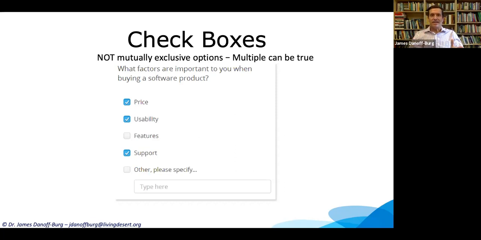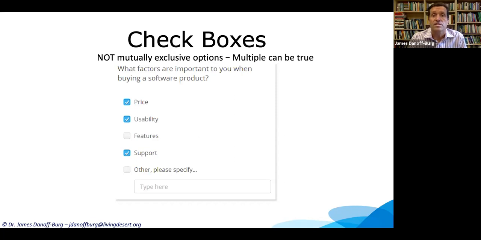So with checkboxes, multiple things can be true. So here, if you want to know, say, all of a person's tribal affiliations, you could list all of the tribes with which they could possibly identify. Or with ethnicity, you could have multiple ethnicities listed out here and ask people to choose any that they might identify with.